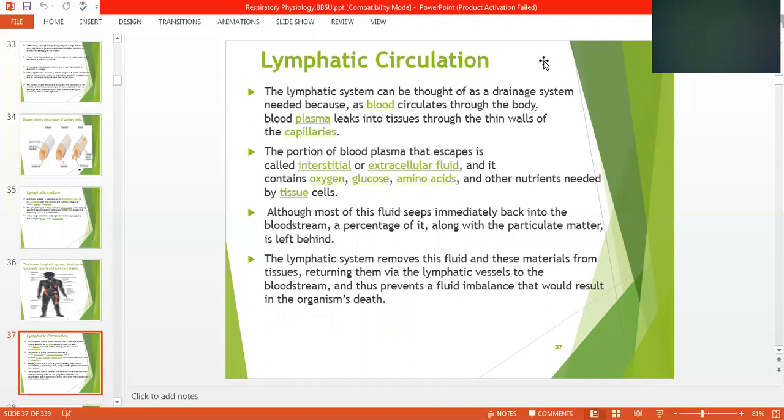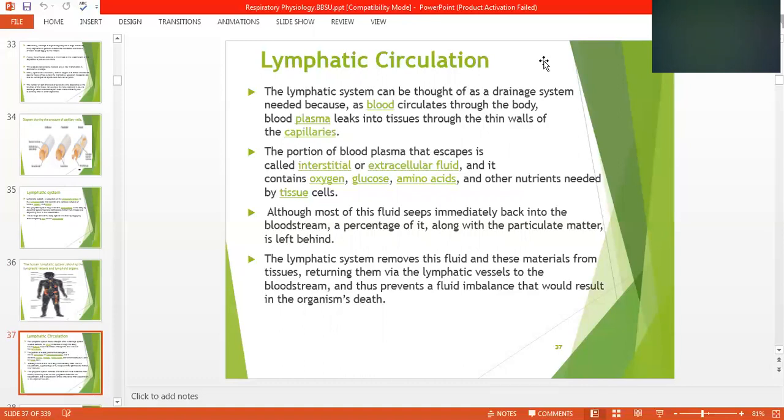The portion of blood plasma that escapes is called the interstitial or extracellular fluid, and it contains oxygen, glucose, amino acids, and other nutrients needed for tissue health. So from these vessels there are certain holes, fenestrations, and the material comes out to the interstitial tissue for providing nutrition. Although most of this fluid seeps immediately back into the bloodstream, a percentage of it, along with particulate matter, is left behind.